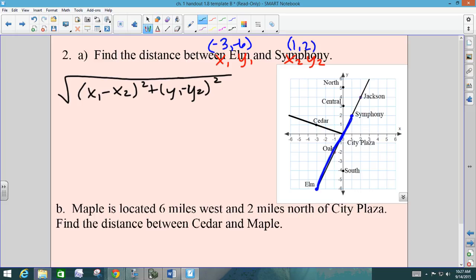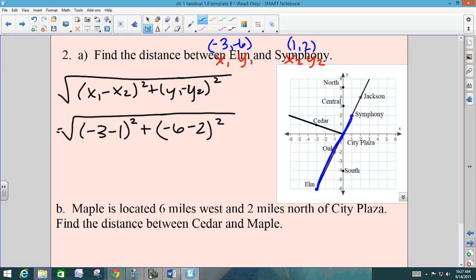If I do it with the formula I have up here, I'd get -3 minus 1 quantity squared plus -6 minus 2 quantity squared. What's -3 minus 1? What's -4 squared? 16, good. -6 minus 2. -8 squared. 64.